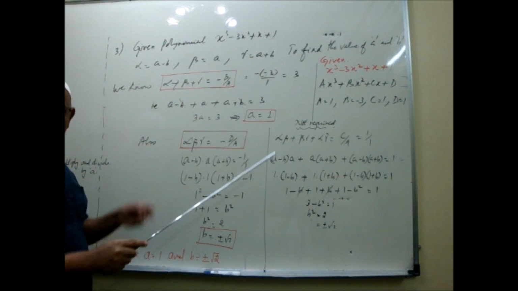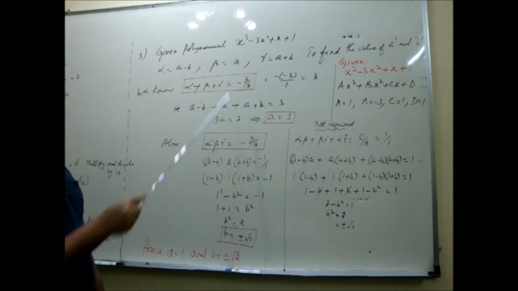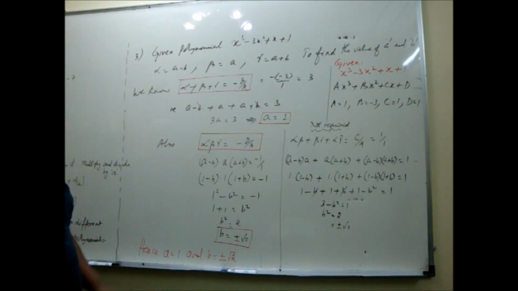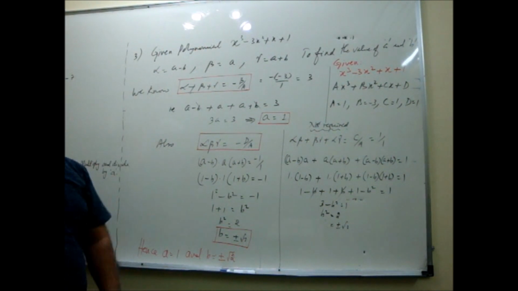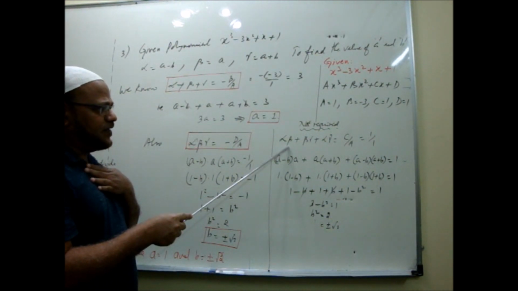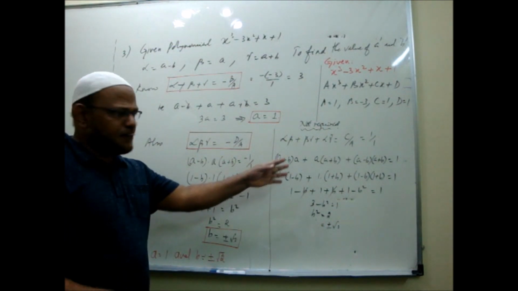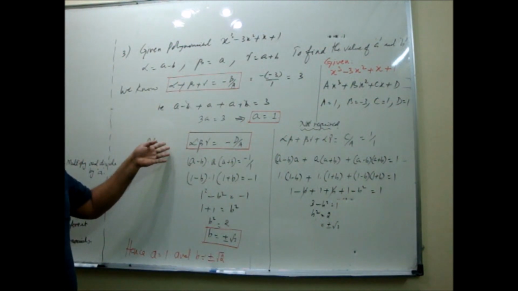A's value is ready. Now we want only the value of small letter b. Let's go for it. Now we have the other properties. The double product, alpha beta plus beta gamma plus alpha gamma is C by A. You can use it, or better use this one, it is an easier one.